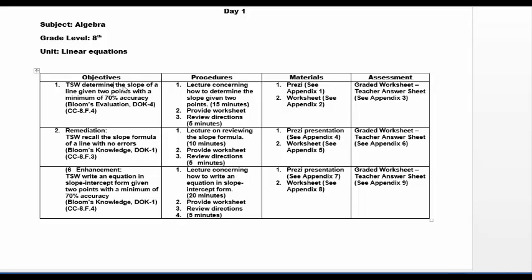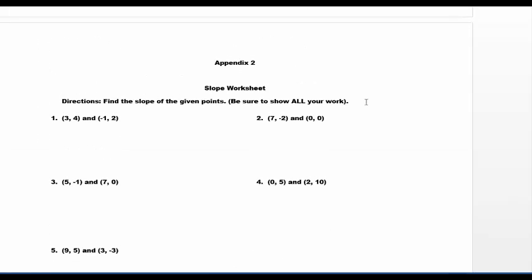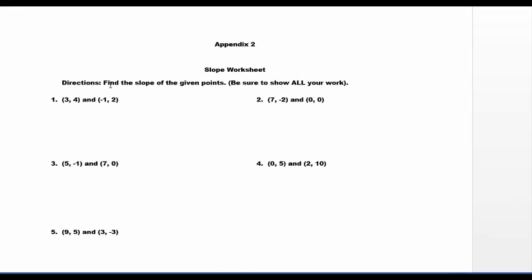So now let's go look at this assessment. It says see Appendix 3. Directions: Find the slope of the given points. Be sure to show all your work. We have 3,4, 1,2, and so in this worksheet we're seeing that they're being given 2 points.